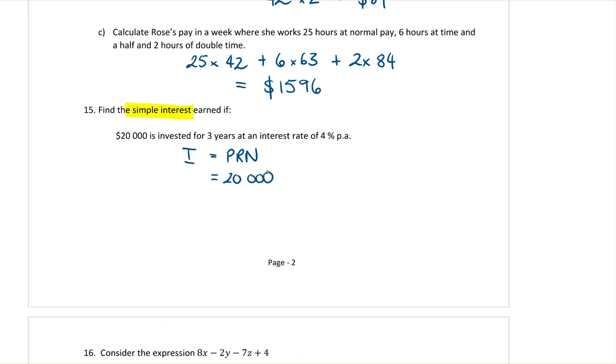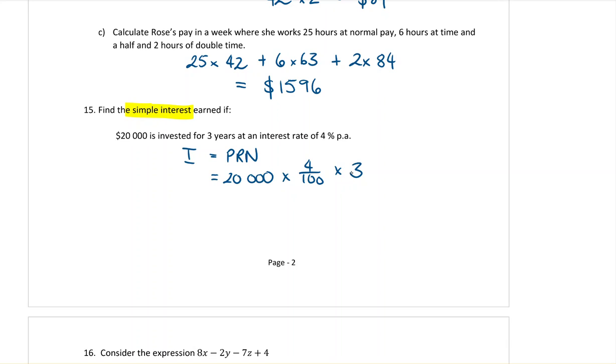The R stands for interest rate. This is what's R, rate, the rate. So the rate is always the percentage one, but you want to write that as a fraction, not as a percentage. So you want to go 4 over 100. Okay, and the last thing is the N, which is the number of years, which is, in this case, 3.